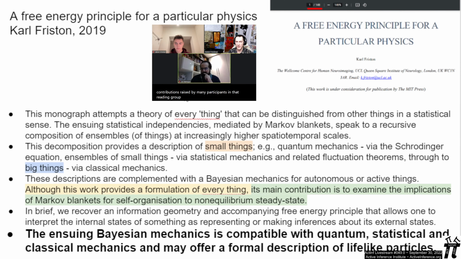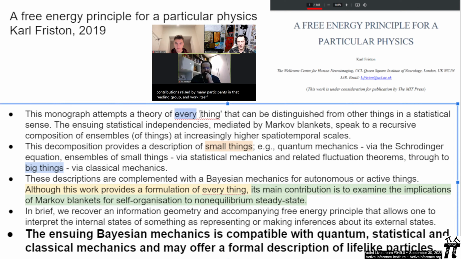And the work itself is a theory of everything, but perhaps in a way that people might not expect. So I'll just pause there. If either of you want to give any overview thoughts on the monograph, what does it mean by a theory of everything, or what else would you add about this precursor paper?